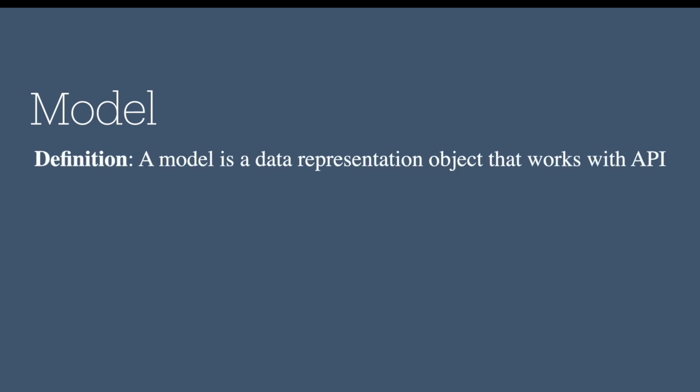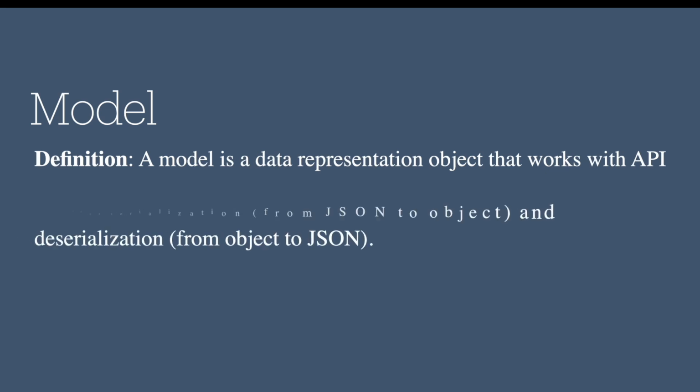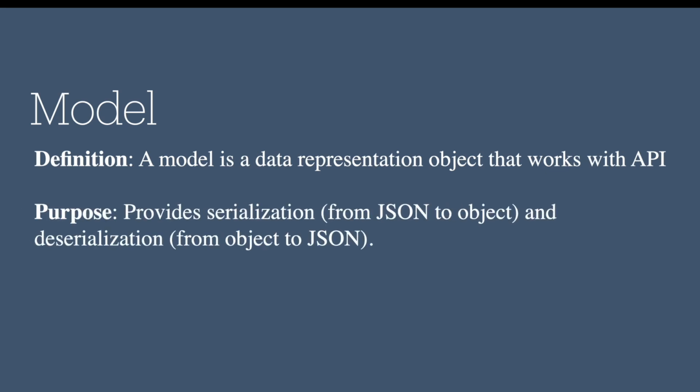If you look up the internet or ChatGPT, it will tell you that it is a data representation that works with an API, provides serialization and deserialization methods, and may have a unique identifier, but it's not always necessary. So these ideas that we learn about model and entity don't actually help you. Here I'm going to give you a very simple trick to remember what a model is, what an entity is, and when to use them.